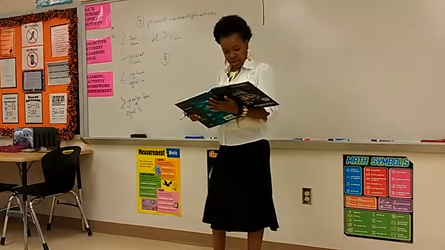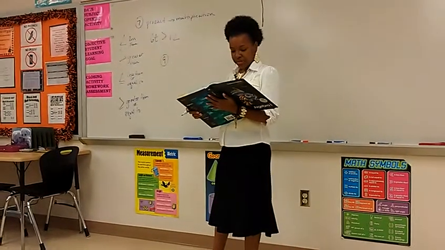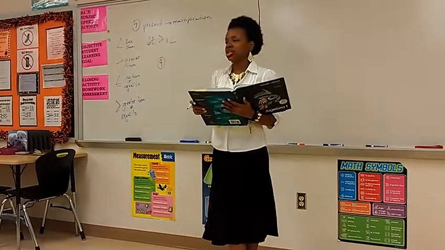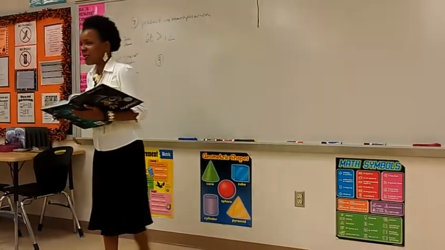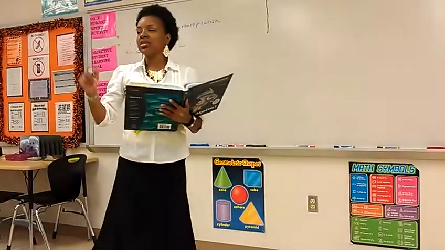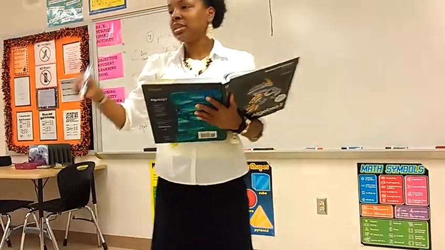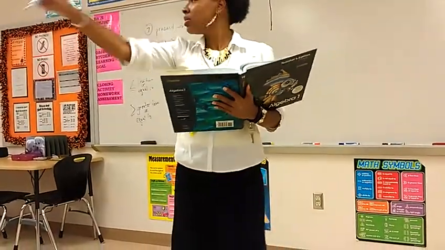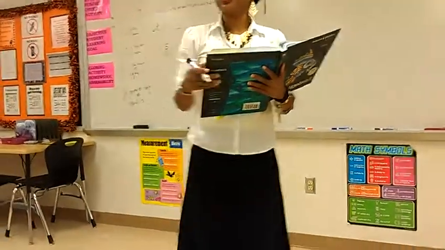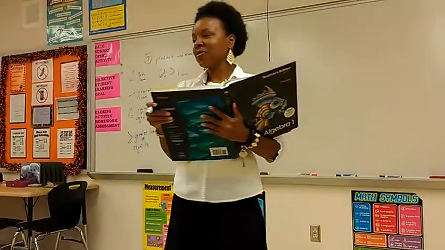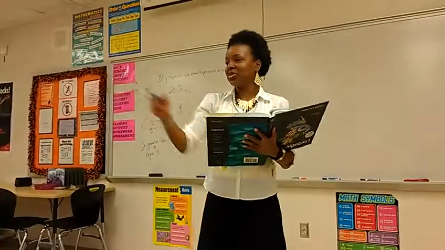Number 9 says 3 less than G. How would I write 3 less than G? 3G. Nope. Remember, 3G would mean 3 times G. It says 3 less than G. 3G minus. Bianca. Closer. 3 less than G. Diana.